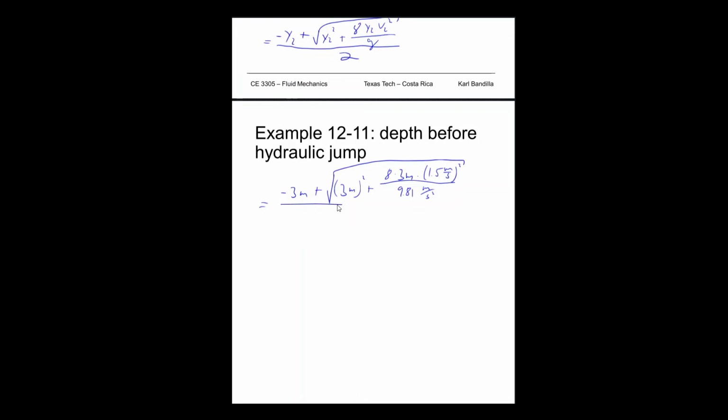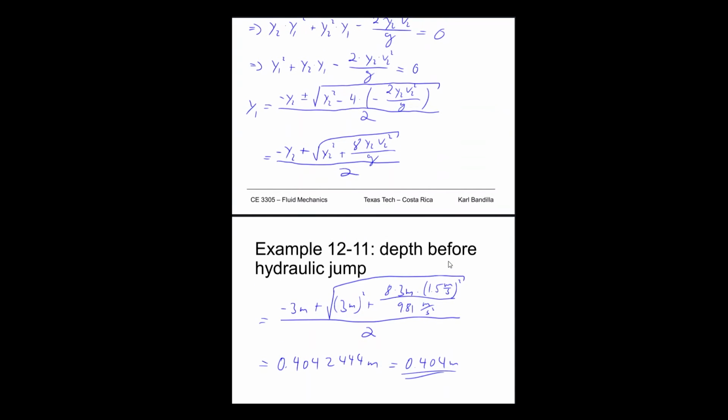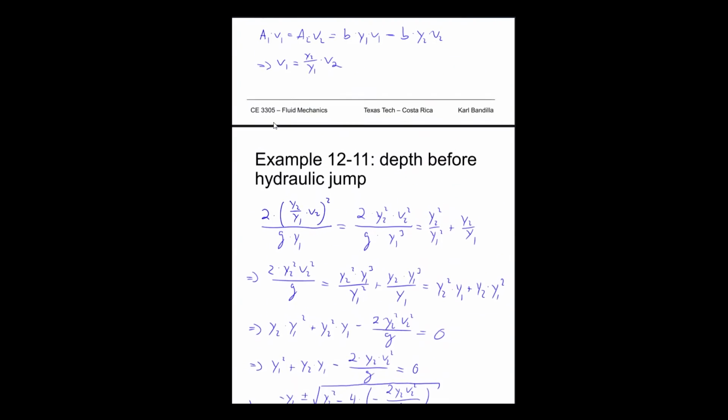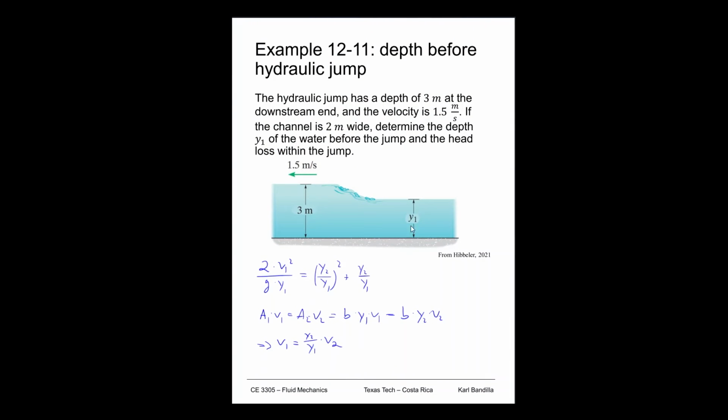Close that square root, divide everything by 2. That gives me 0.40424444 meters, or 0.404 meters if we round to 3 significant digits. There's our y1. So that's our depth to start out with.